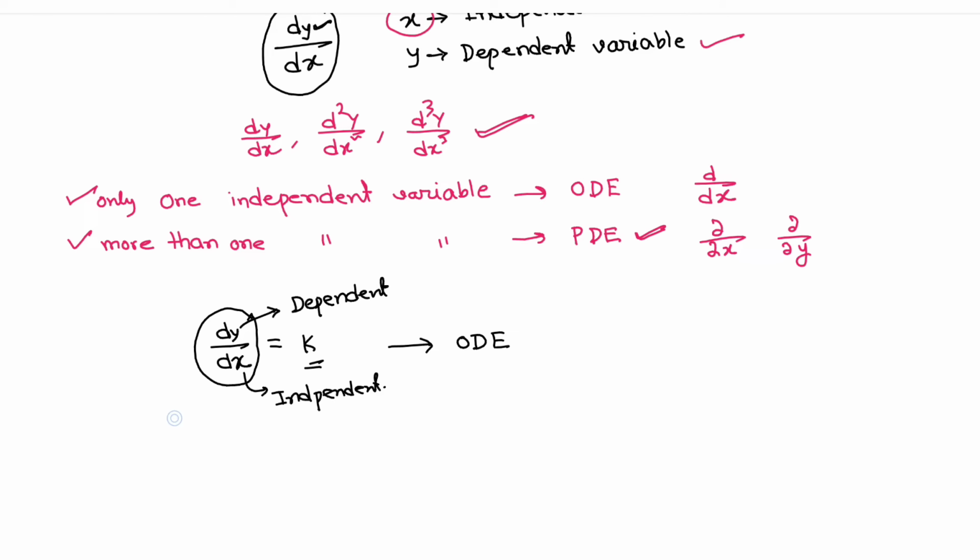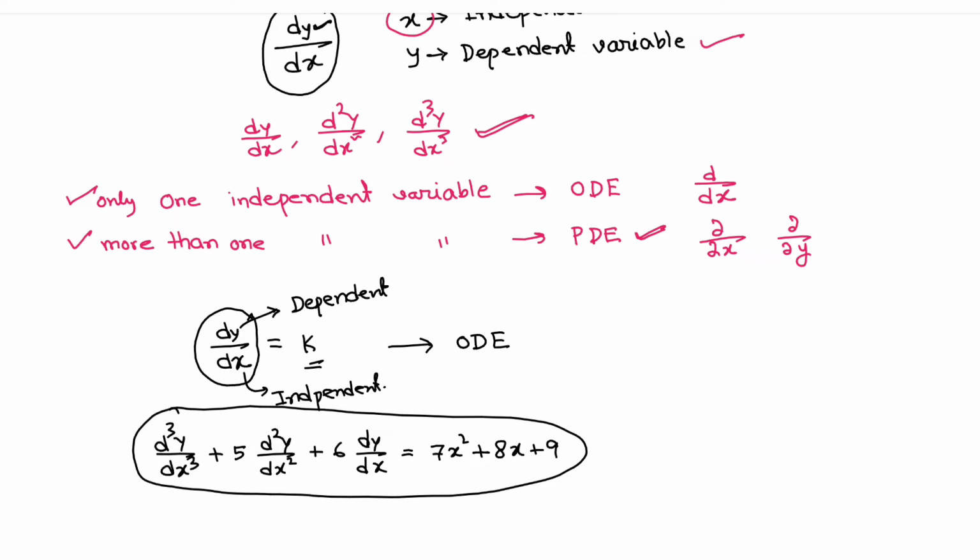Okay, let's say suppose I am writing d3y/dx3 plus 5 d2y/dx2 plus 6 dy/dx equals, let's say, 7x squared plus 8x plus 9. Here in this equation we have two variables, x and y. Obviously x is the independent variable and y is the dependent variable.